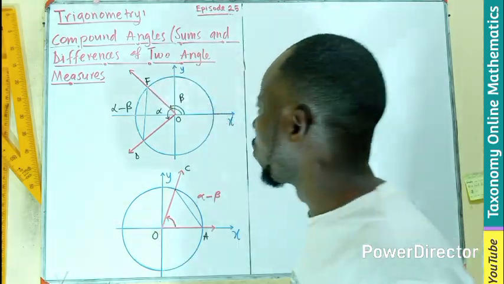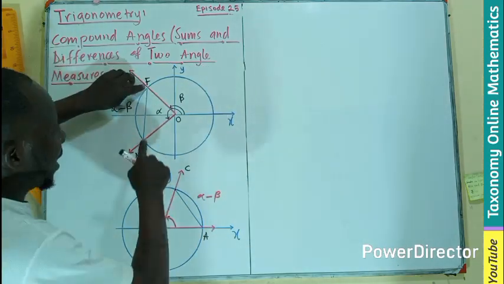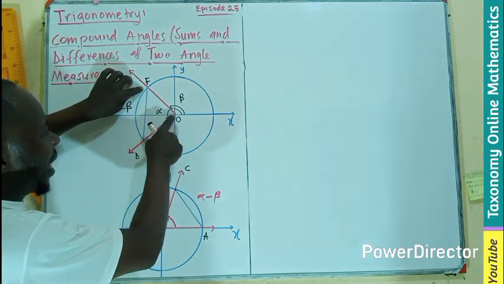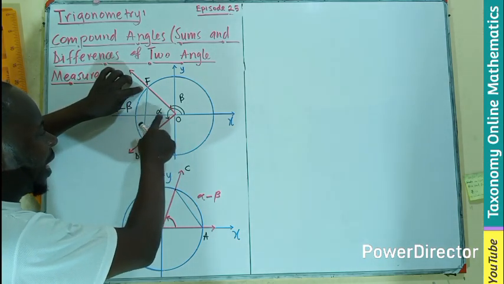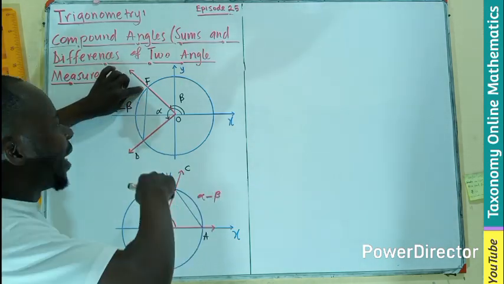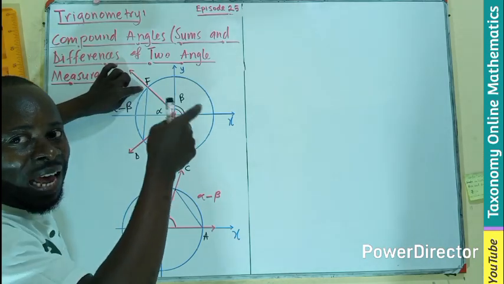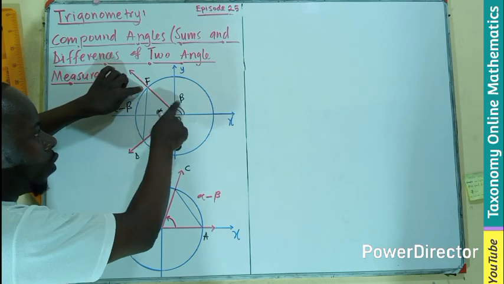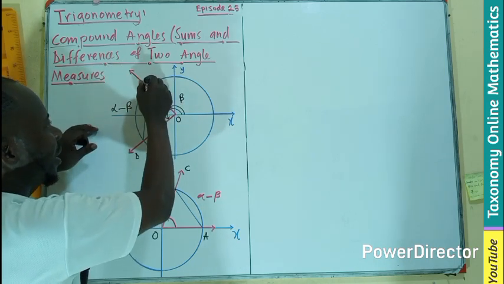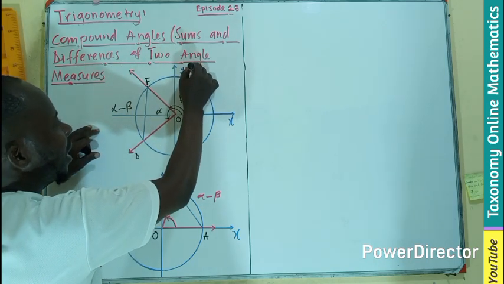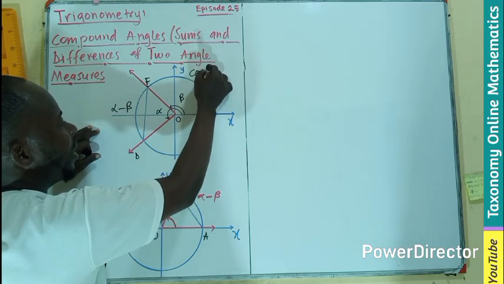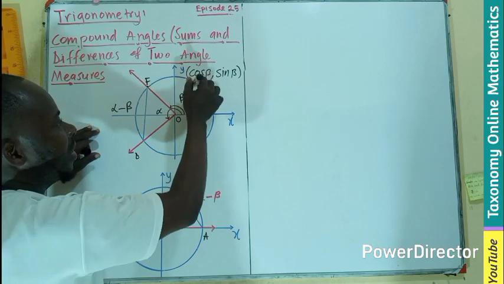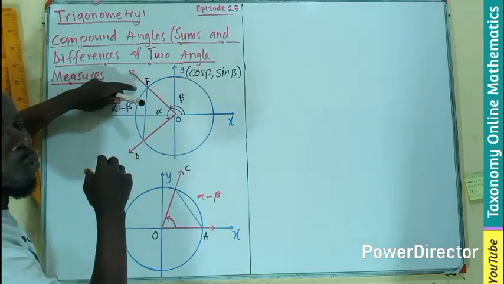Remember what we did in the first two episodes, the correspondent on the x-axis is the cos value, then on the y-axis is the sine value. So this is going to be a point on x, which is the cos of the angle. So here, let me write this here, the cos of the angle beta, then the sine of the angle beta. This is the point where F is located.